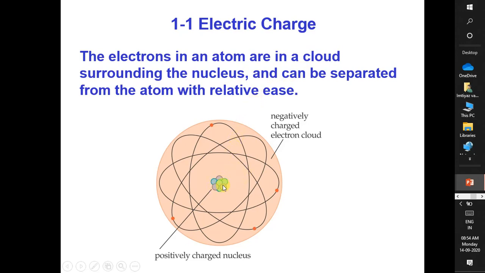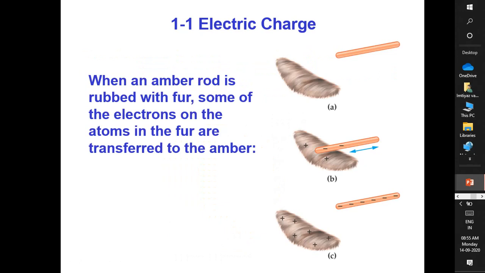This is our nucleus. It is positively charged, made of positively charged protons and neutral neutrons, so it is known as the nucleus. The electrons surround the nucleus and can be separated from the atom with relative ease.